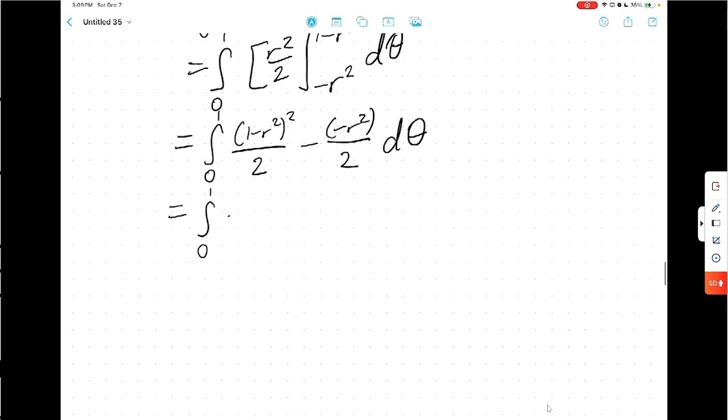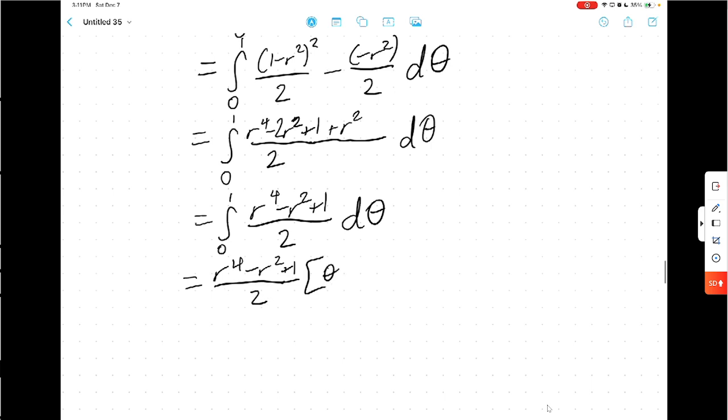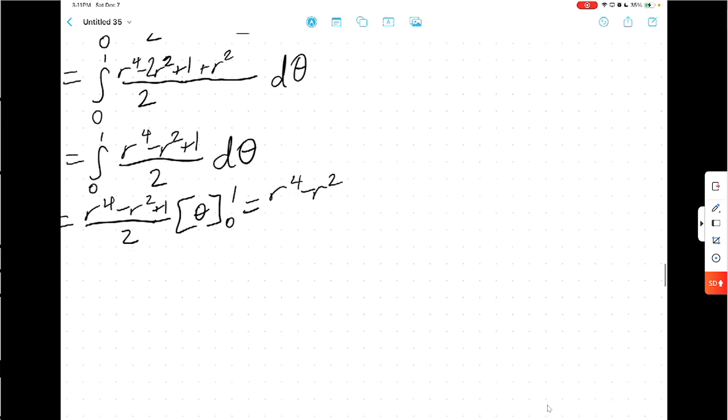I'm just going to simplify this out. This should be r to the 4th minus 2r squared plus 1 plus another r squared. So we get r to the 4th minus r squared plus 1 over 2 d theta. This is just r to the 4th minus r squared plus 1 over 2, all times theta evaluated from 0 to 1, or r to the 4th minus r squared plus 1 over 2. And that's the answer.